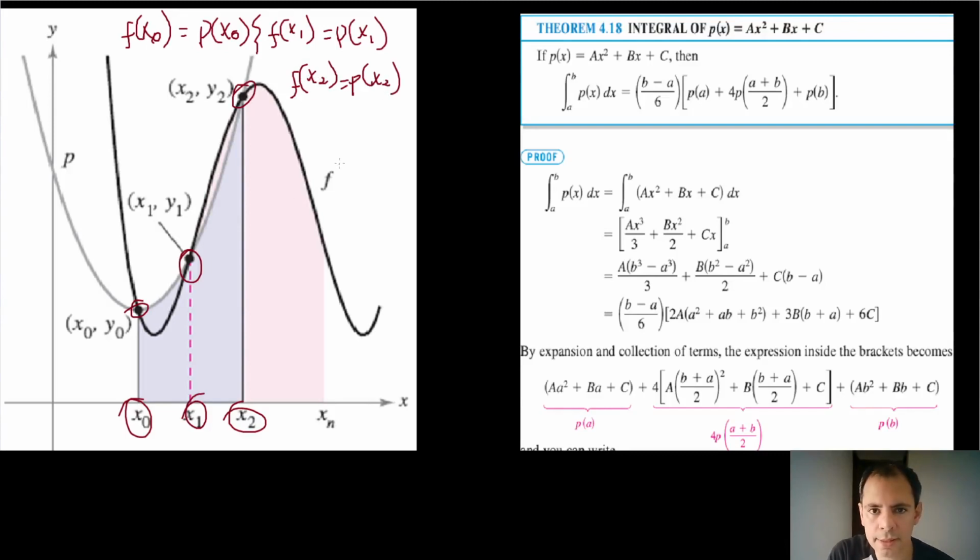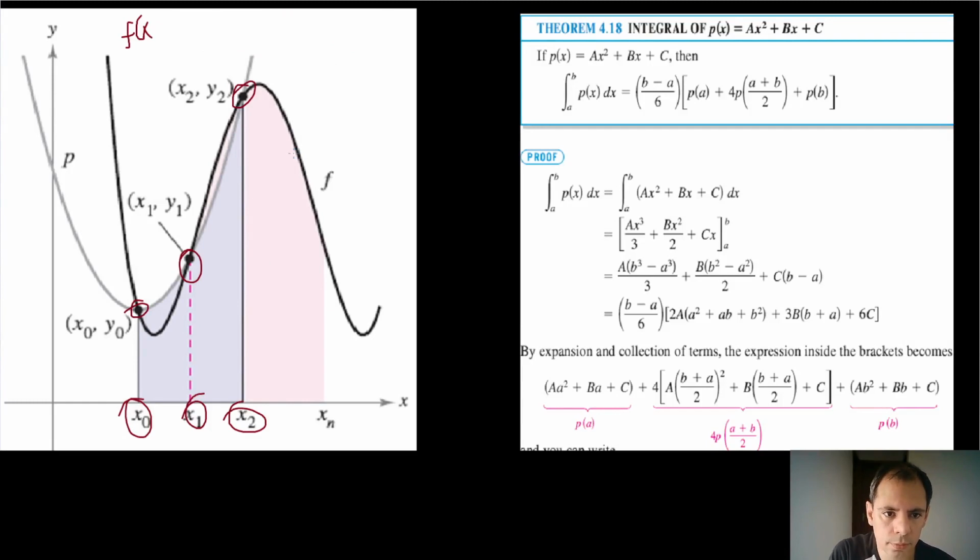When you go to the next interval, you're going to use this x2 again. Actually, you have sets of 2 intervals.